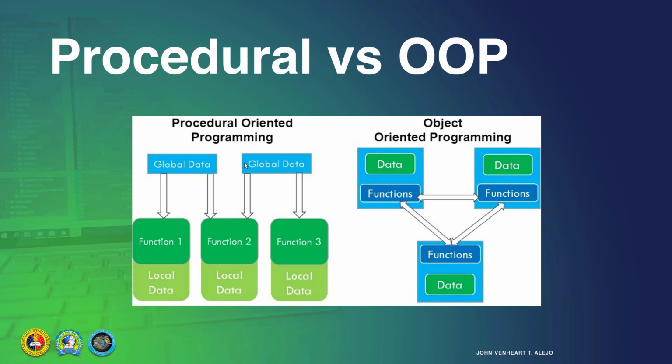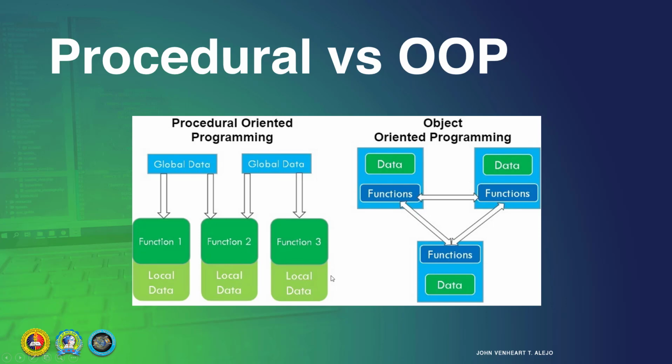It has a governor to rule the entire province. A governor can be classified as global data because his power can reach any municipality, barangay, or sitio in Negros Oriental. That is what we call global data.